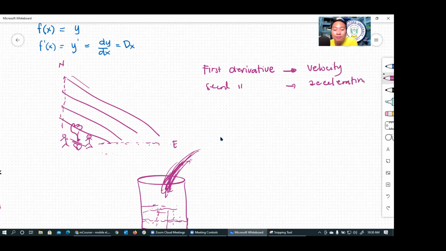It's very simple. The second derivative is the derivative of the first derivative. Okay? So when you say velocity, when you say acceleration is a velocity with a direction. Right? I hope you can relate this to your physics.